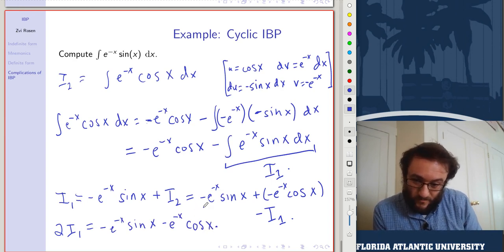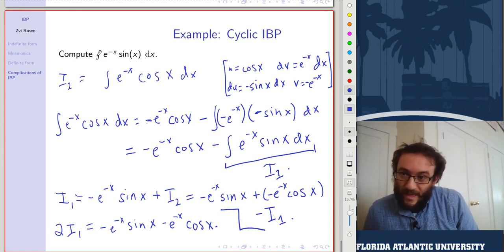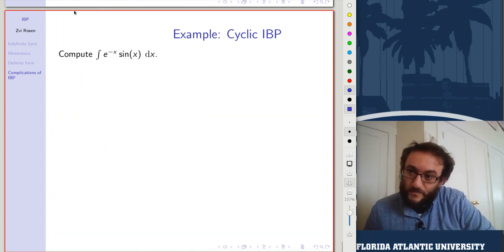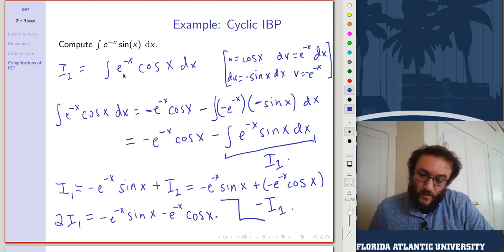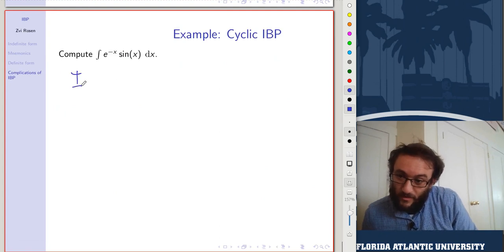Okay, and I'm going to just indicate that this belongs to the previous line, and add in one more page to finish this up. So we can divide both sides of that equation by 2 to find that I1 is equal to 1/2.